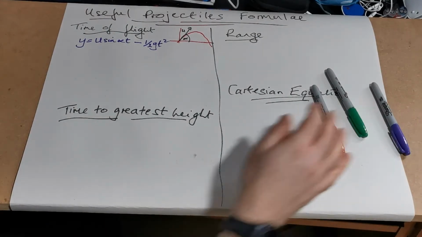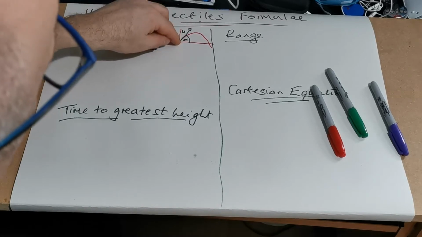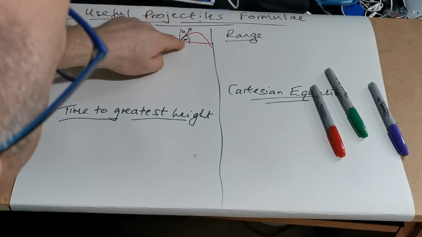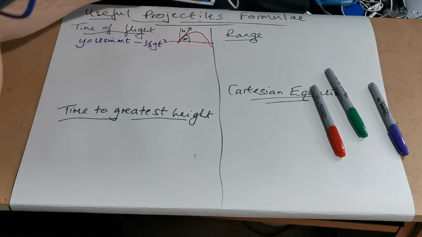So that's where I'm going to start off, and you'll notice that if we're thinking about the time of flight, that's the time between this point and this point. So at both those points the y is equal to 0.